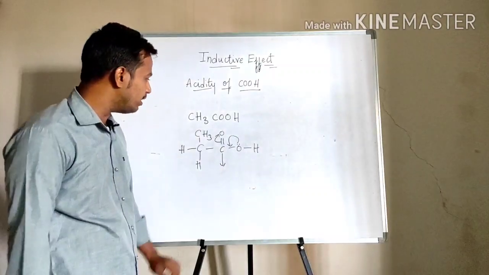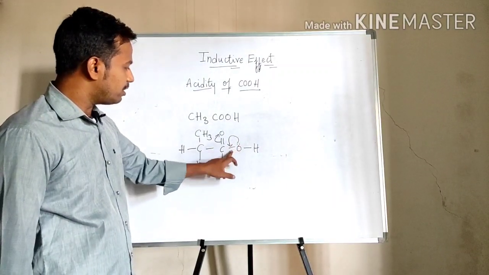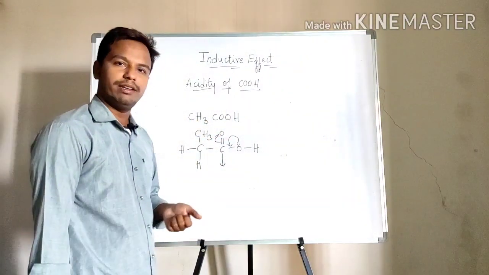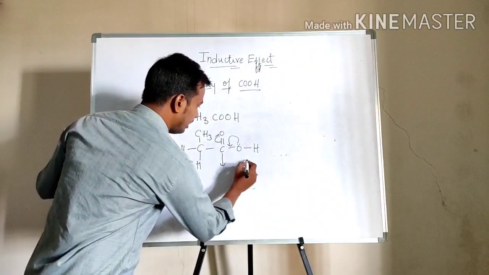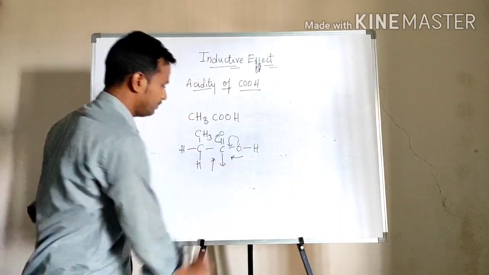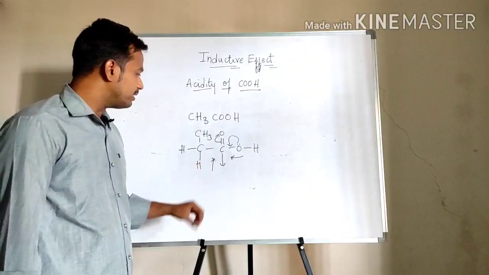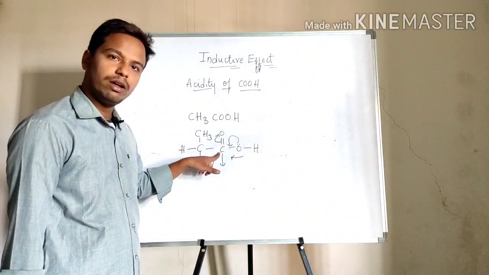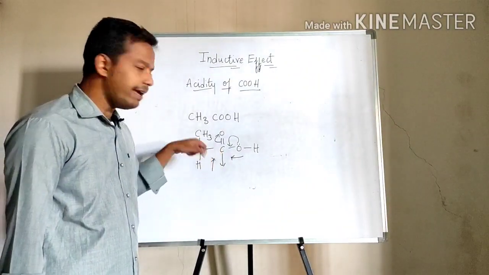Why? Because whatever electrons this oxygen is donating, the other oxygen is taking away. The electron movement is like this, first like this, again like that, thereby creating the electron deficiency for this carbon.